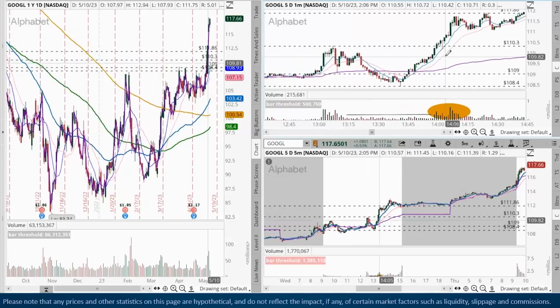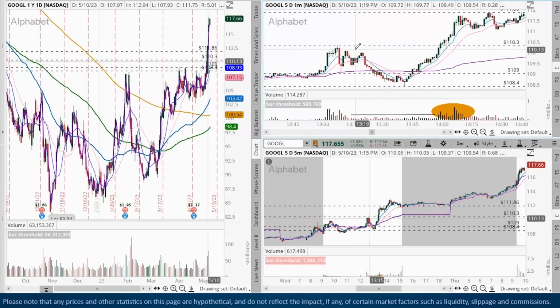Yeah, and then I think I just want to say one more thing about this Google trade. A lot of people miss this. I think you just need to think about all the shorts that were trapped, and people were scared to chase it through high of day. But the idea, again, this is a higher time frame breakout on a positive catalyst. And it's really not just a positive catalyst.